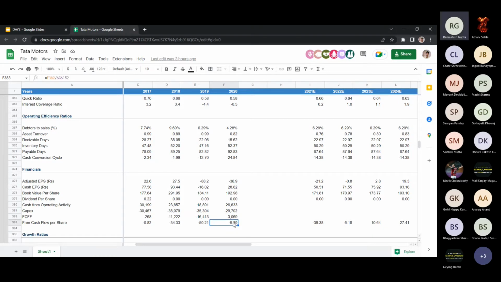And free cash per share, we will divide it by the number of shares. Suppose the Tata Motors stock was 300 rupees, so it has spent 9 rupees per share for maintaining the cash flow.